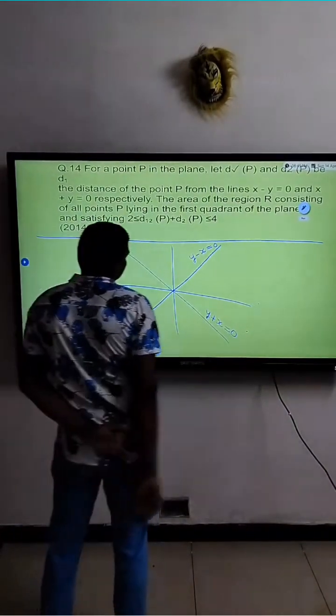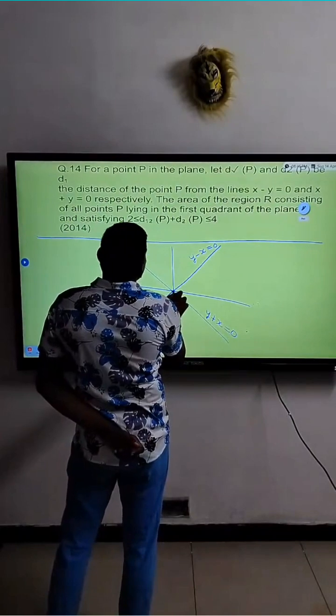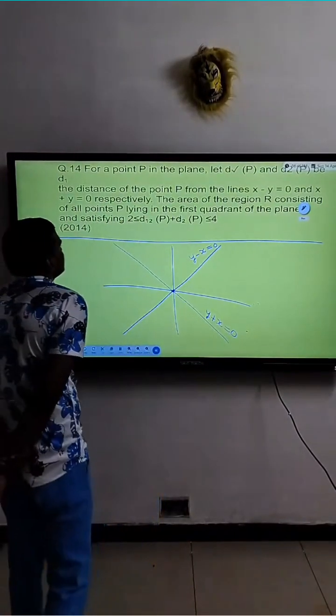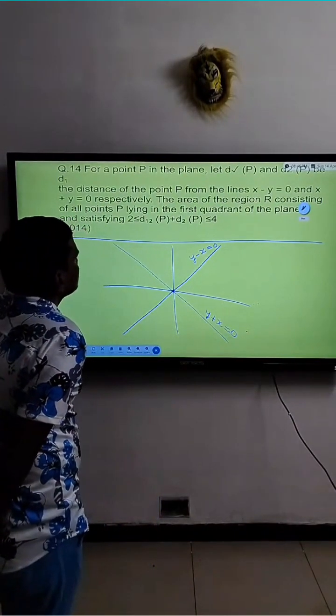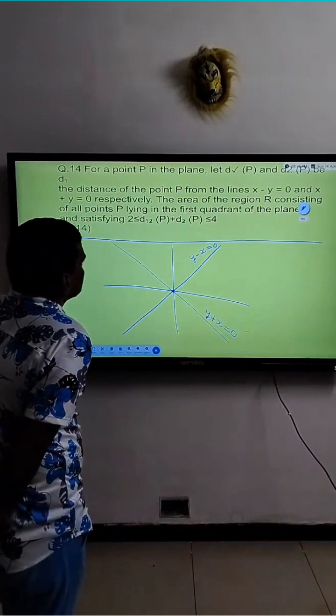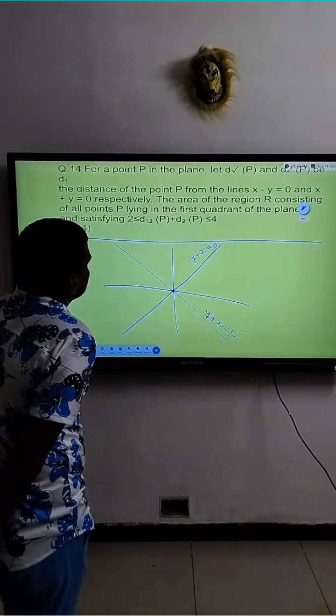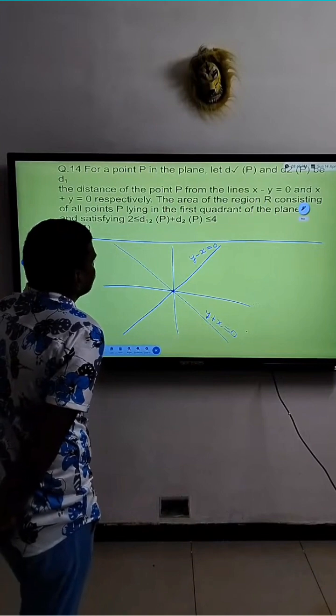So if we take any point, they say the sum of the distances must be greater than or equal to 2.